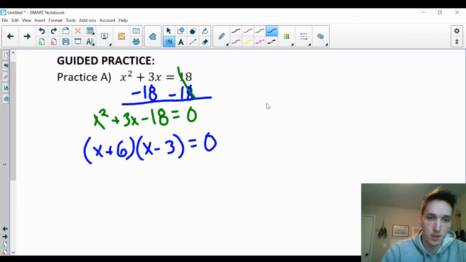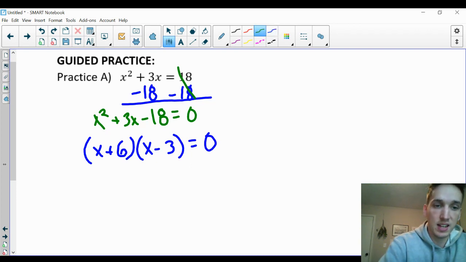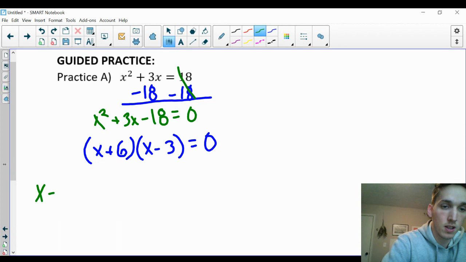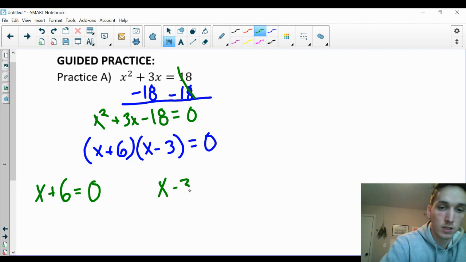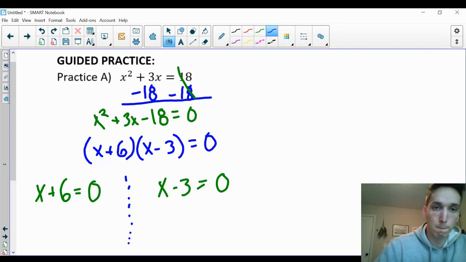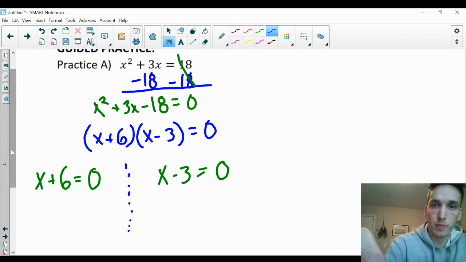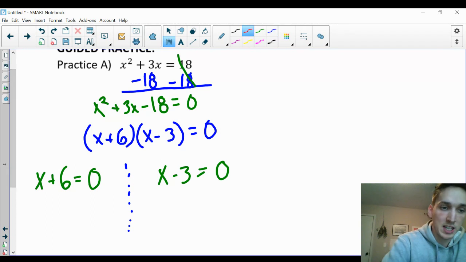Step 3, we've got to set each factor equal to 0 and solve. So x plus 6 equals 0. I've got to subtract 6 from both sides.